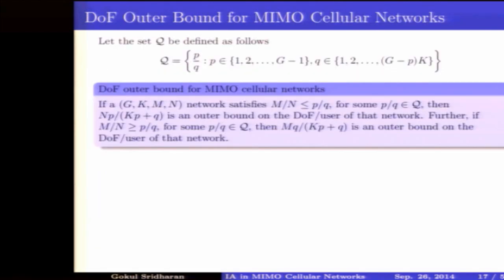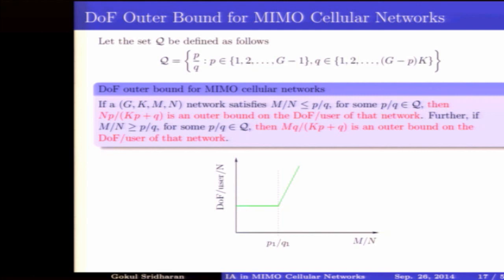Then we come up with certain outer bounds on the degrees of freedom. These outer bounds are specified for certain ratios M over N. So I have a certain ratio, let's say p1 over q1, and it bounds the degrees of freedom that can be achieved when the ratio is less than p1 by q1, and another bound for the right of p1 over q1.